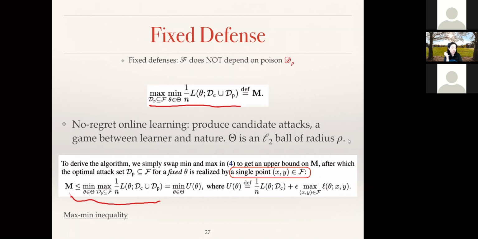I know some of us were a little confused about this, but if you look at the wiki page, I put it here. I'm going to update the slides later so you would see it. Even if you just search for max-min inequality, you would see a very simple proof on the wiki page. Basically you swap the min and max and you get an upper bound of the max-min.